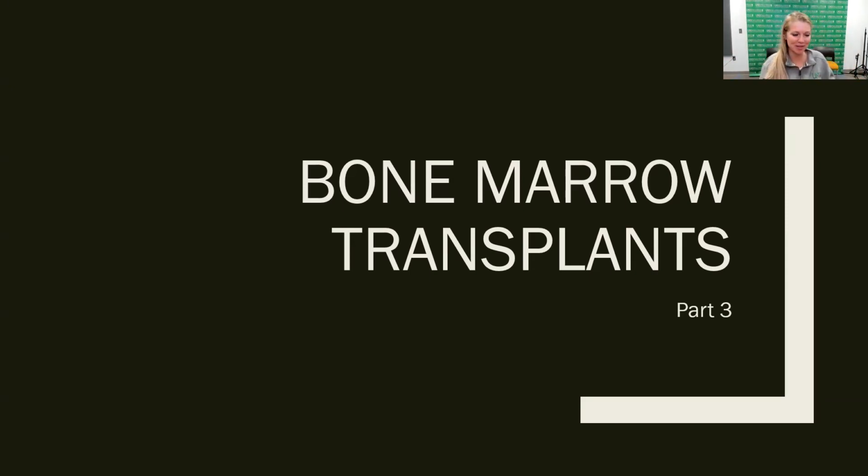Sorry for that whole mess there. The bone marrow transplant is giving the entire immune system to the recipient, and then that immune system has to work in the recipient's body, even though it is somebody else's immune system. So let's look at that.